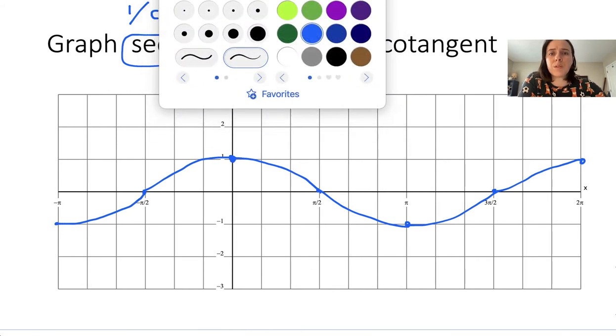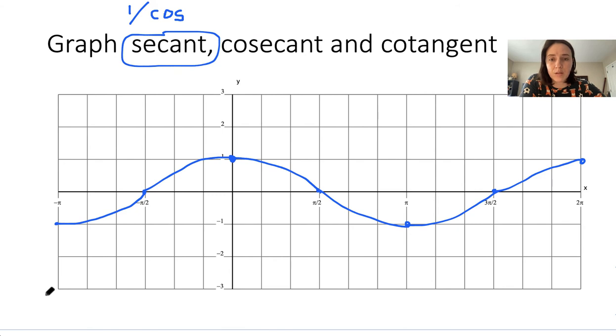So when we want to graph the reciprocal functions, we want to start by looking at where those x-intercepts of the parent function are. So when the parent function is equal to 0, the reciprocal function, 1 over 0, that's where we're going to get vertical asymptotes.